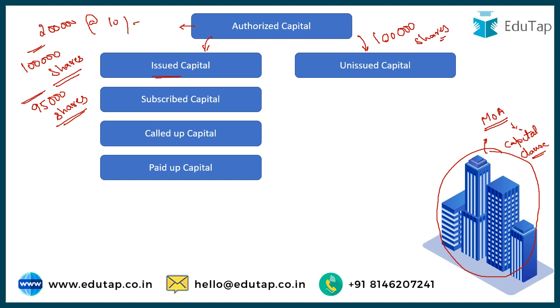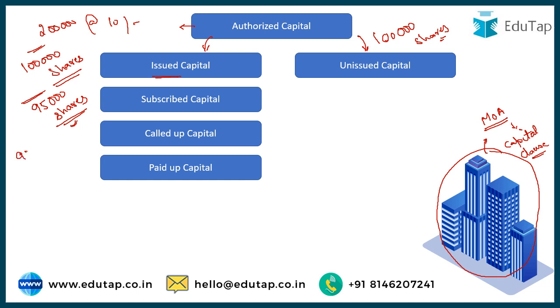Not all the 1 lakh shares were taken up by the public. So these 5,000 shares are going to be unsubscribed capital, and 95,000 shares are going to be the subscribed capital of the company. So now what would happen? The company would want that shareholders should pay up the money on these 95,000 shares.